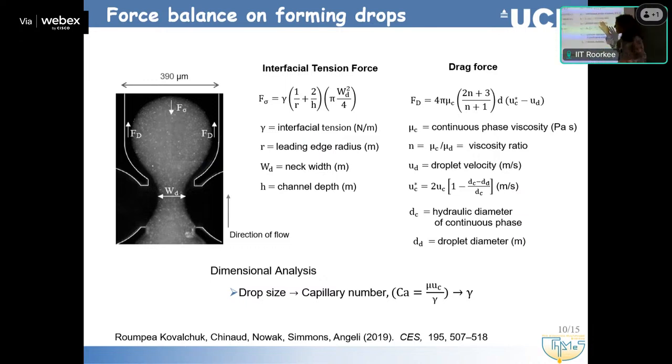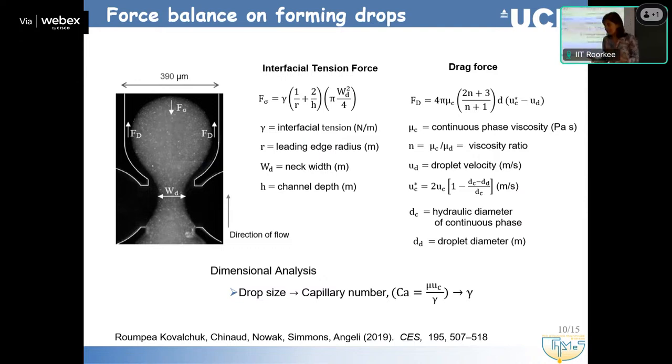There has been some work, if you want to dig deeper, with efforts to calculate these interfacial forces and efforts to calculate the viscous forces, effectively the drag force as the drop forms. I won't go into detail, but these are mechanistic models.